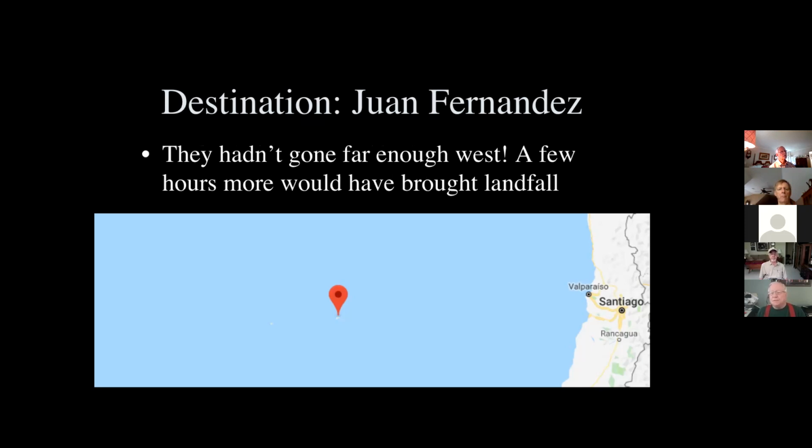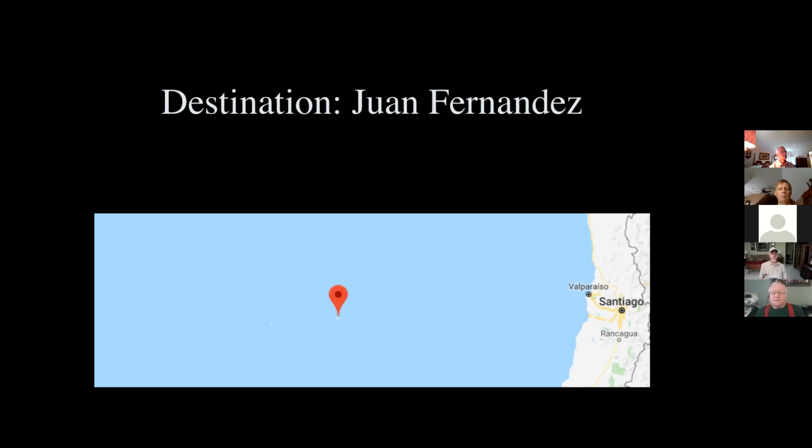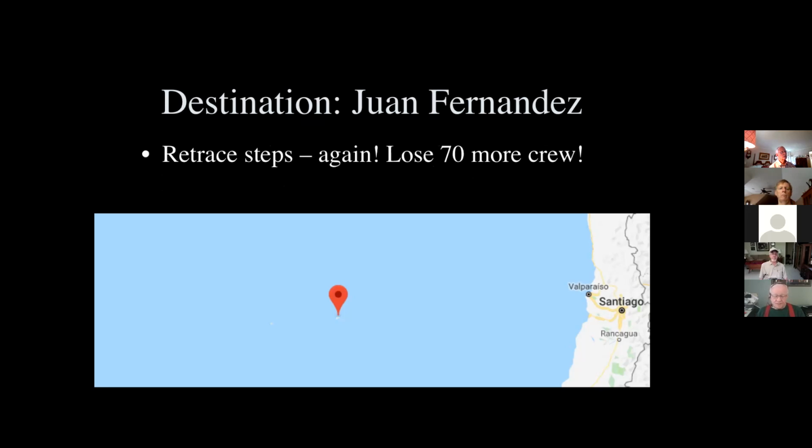And in fact, when they figured it all out, if they had just sailed a few hours more, they probably would have made landfall in Juan Fernandez. So they have to turn around and head west again. And in the process, they lose 70 more of their men to scurvy. So the situation is becoming really dire.